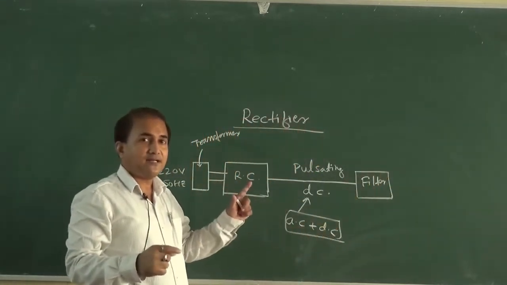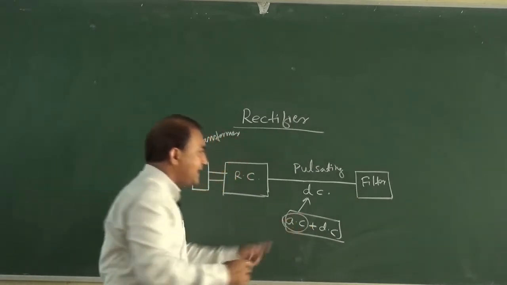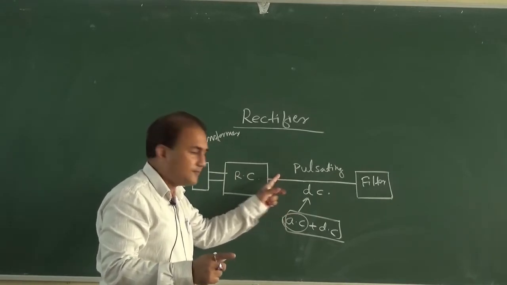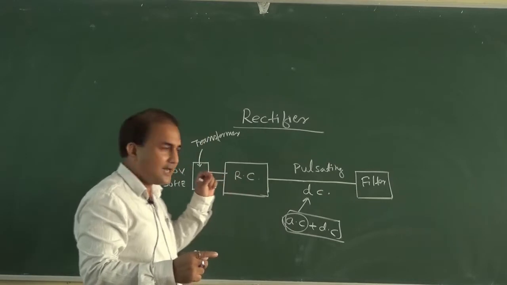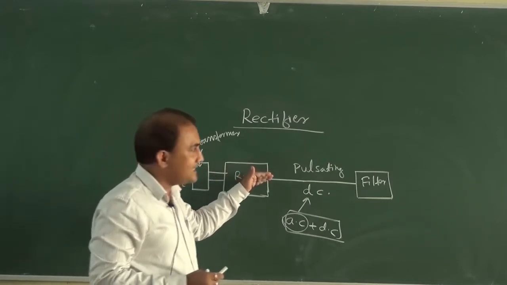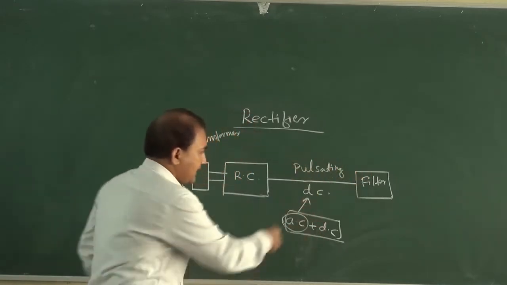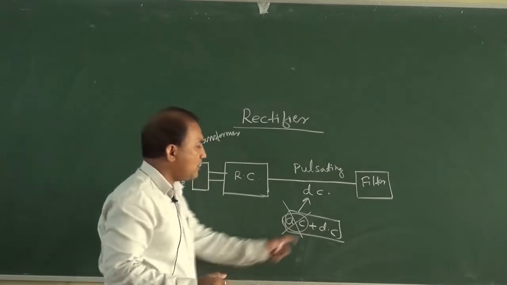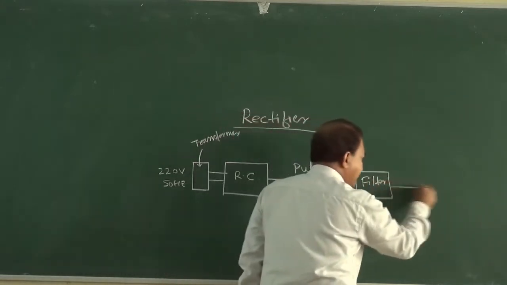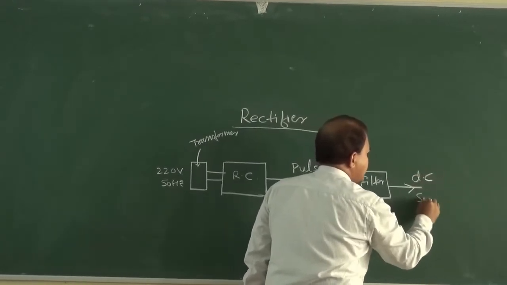The main function of filter circuit is to eliminate the AC component in the output of the rectifier circuit. So when the output of this rectifier circuit is connected to filter circuit, then the AC component will be removed and only DC component will pass. So finally after the filter circuit, it will be complete DC signal.